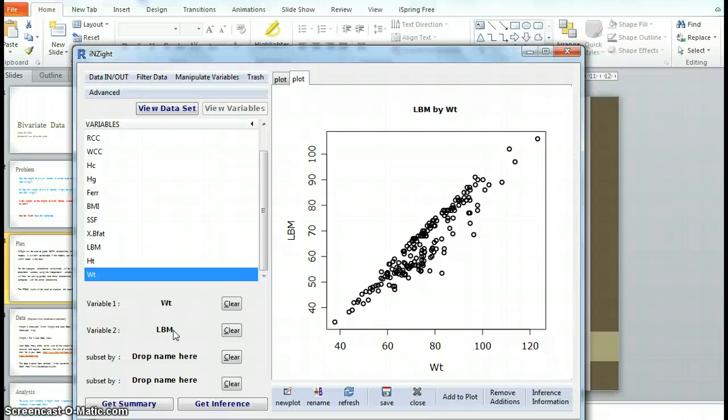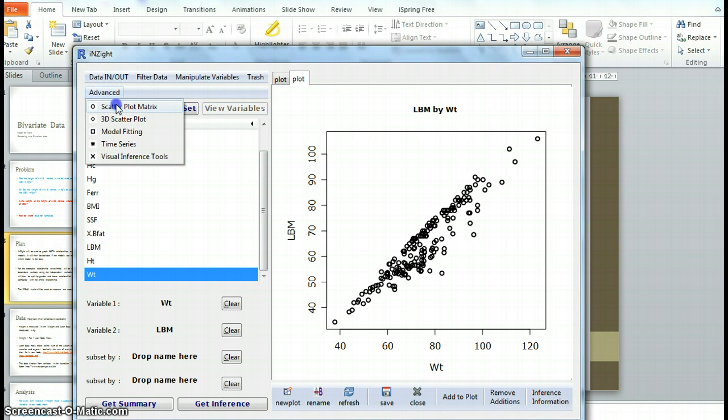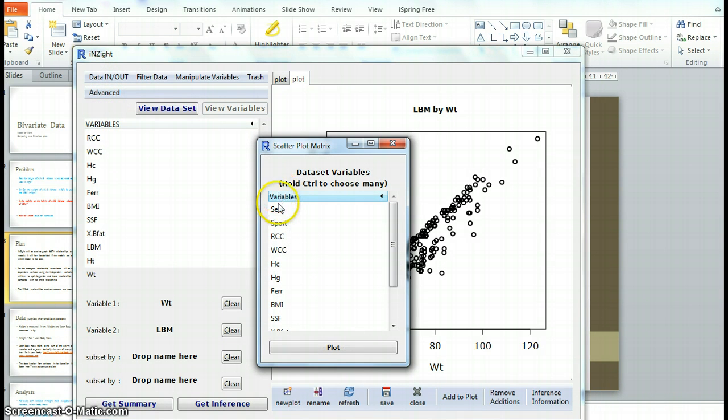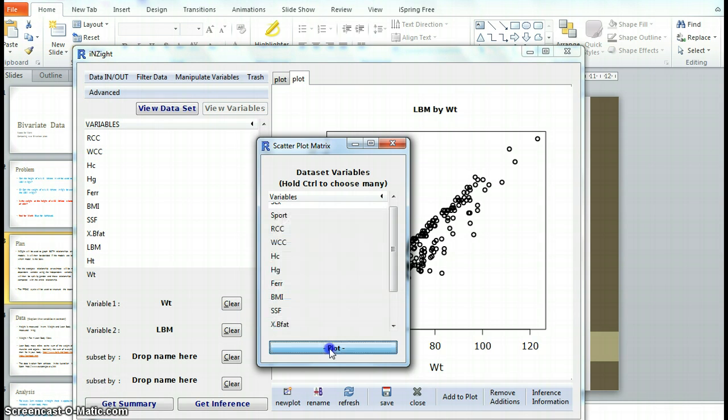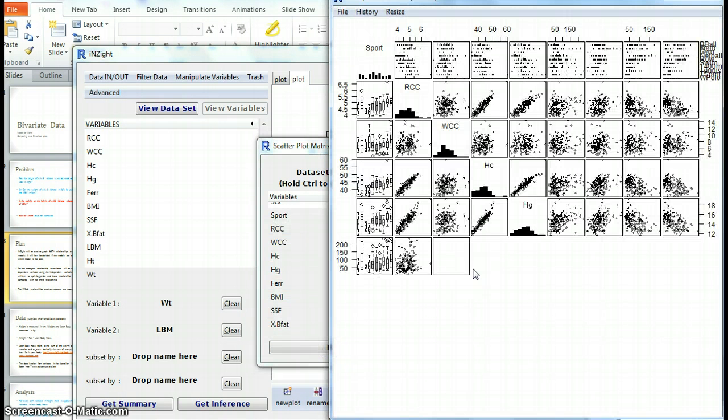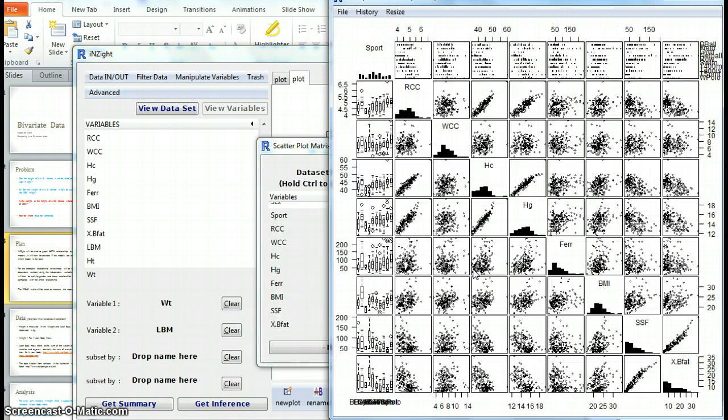So that's going to be my first one. I've actually had a look already at the scatter plot matrix and highlighted everything. Hold down shift, and have a look at all the different combinations of variables.